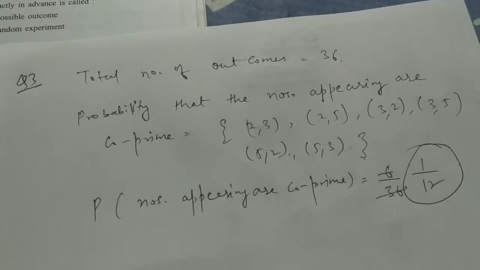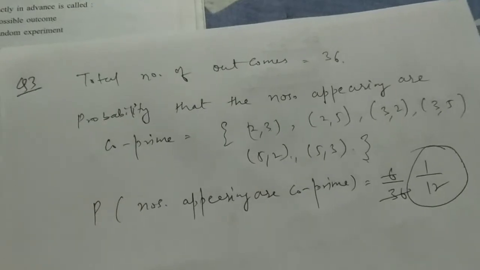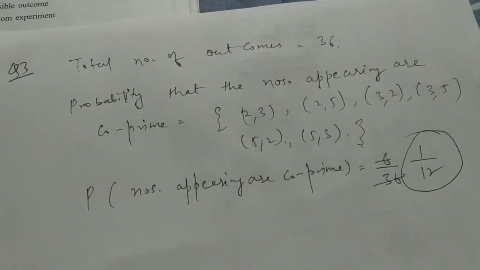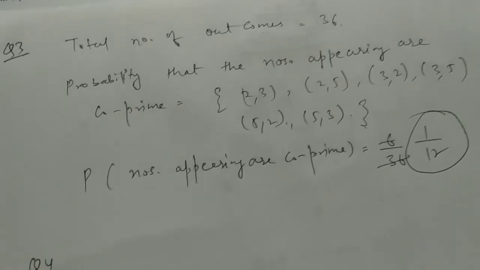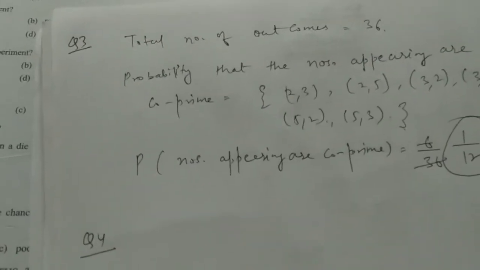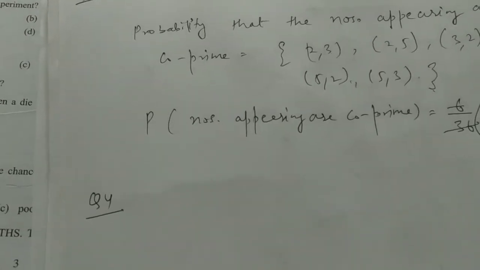Now come to question number 4. So question number 4 says 6 faces of a die bear numbers 1, 2, 3, 4, 6, 8 while another die is marked with numbers 1, 2, 3, 5, 7, 9. Find the probability of getting an even number on the first die and an odd number on the second die.